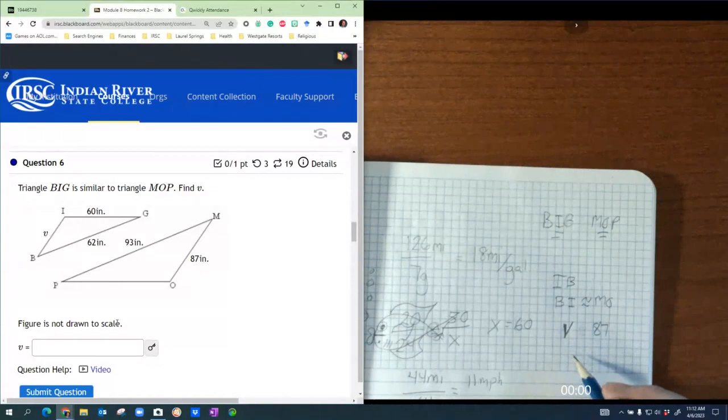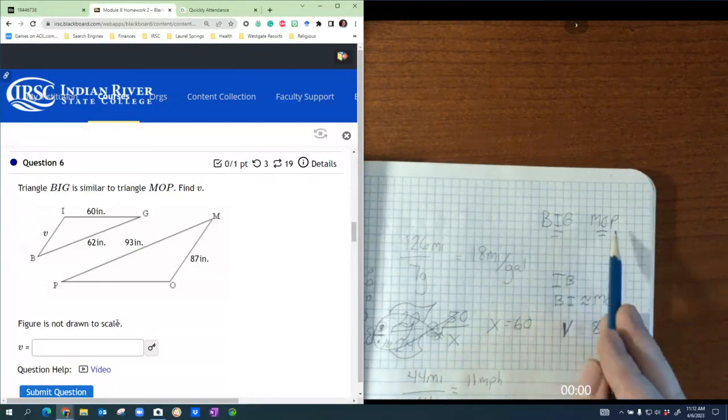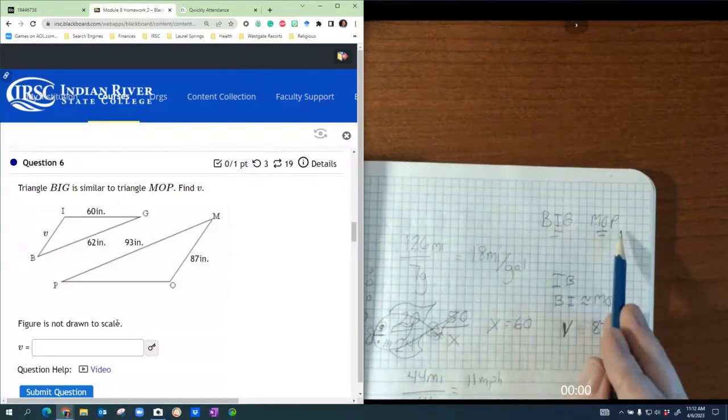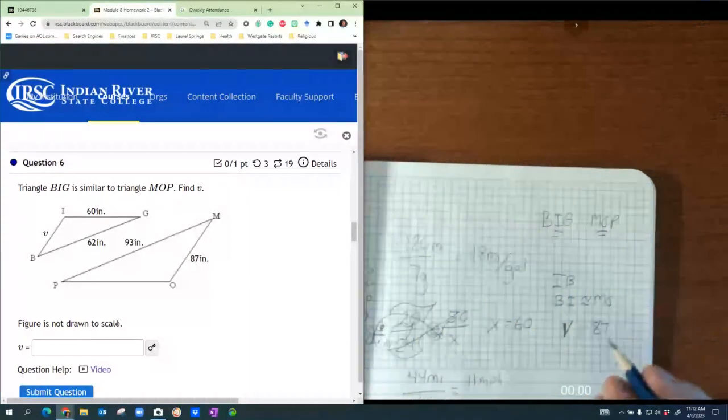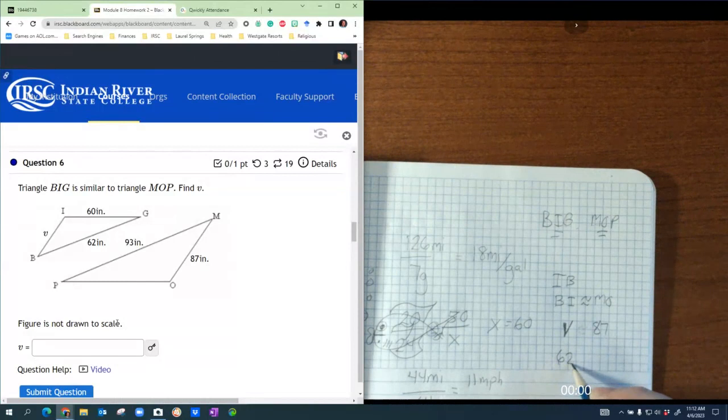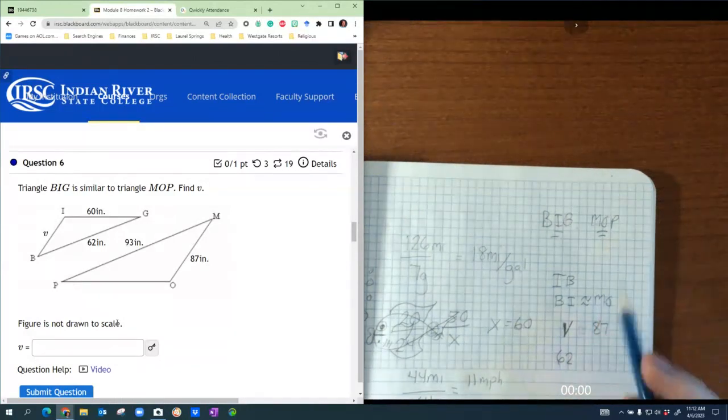So now I'm looking at also the information that I see there. I have BG. BG is corresponding to MP in this. So BG and MP are corresponding parts, corresponding sides. So I'm going to go ahead and put the smaller one first, which is going to be BG is 62. And then I have MP is 93.